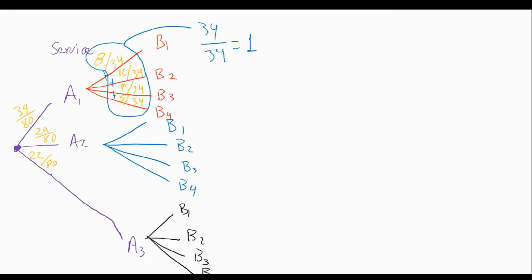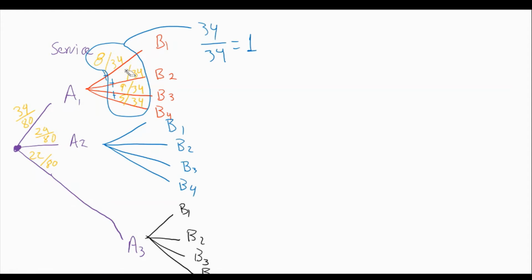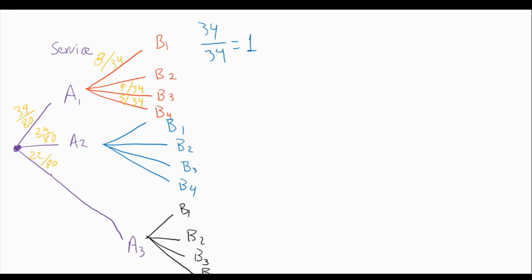So all of your branches together for each of the events should equal to 1 because your list is collectively exhaustive. What that means is if you are given a tree and you don't have a section, you can calculate it, right? You can use the complement rule to figure out what is needed.